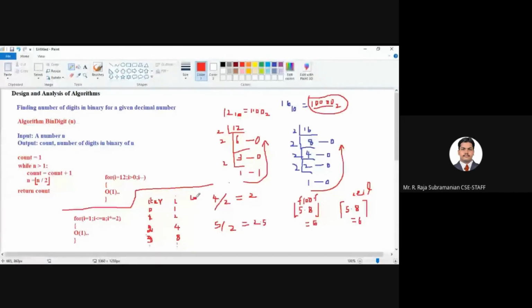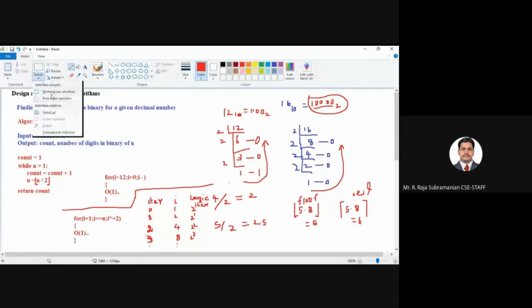To find a logic between the iter variable and the I value, I value can be considered as 2 power iter. 2 power 0 is 1, this is 2 power 1, this is 2 power 2, and so on. This is 2 power 3.